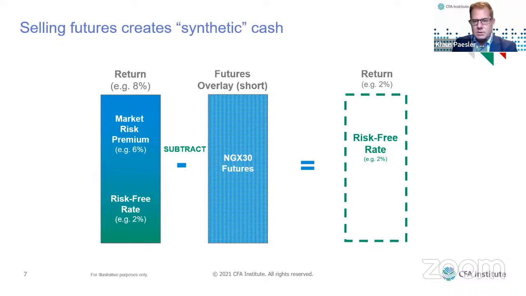If I short or sell, in essence, the NGX30 futures, in this case, I'm removing that risk premium that we saw on the previous slide and giving the portfolio just that risk-free rate, or synthetic cash, if you will, because I obviously still hold the physicals, but with the derivative exposure, I'm taking that market exposure off the table, giving me the risk-free rate.